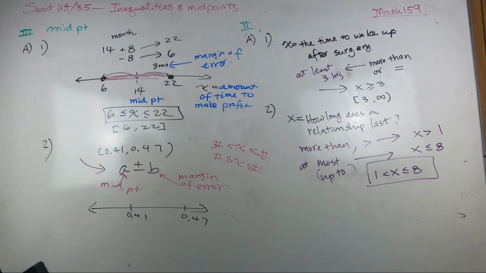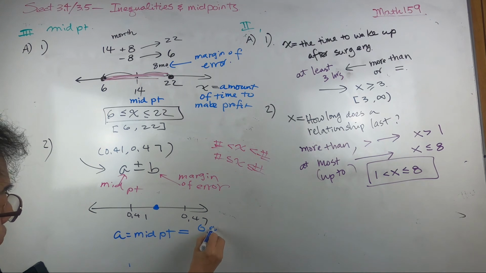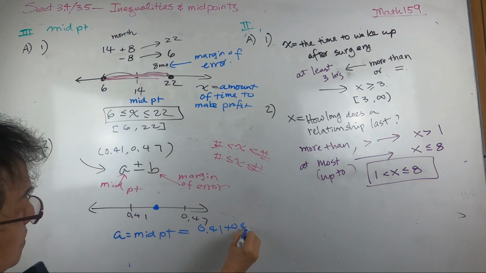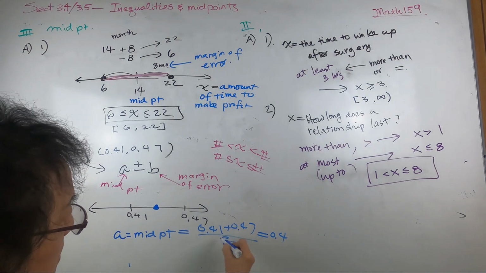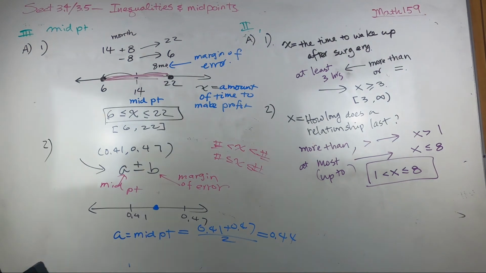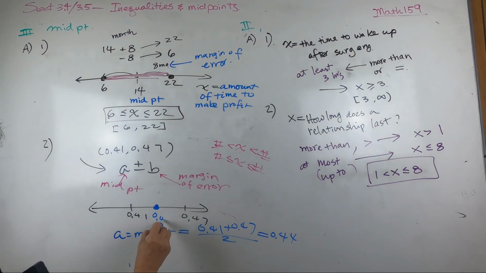The average, right? The middle is the average between these 2 points. So your a is your midpoint. So you should do 0.41 plus 0.47 divided by 2, which should be 0.44, right?